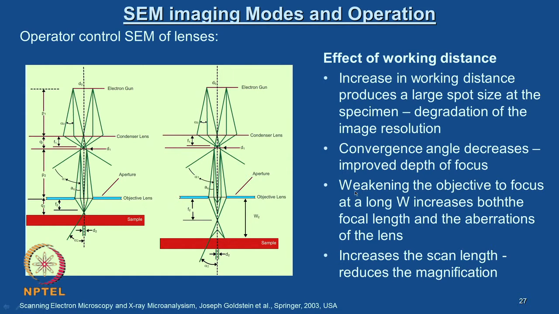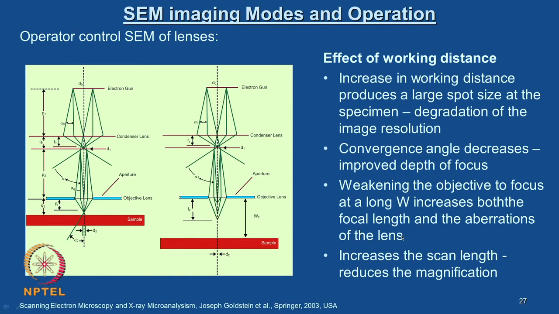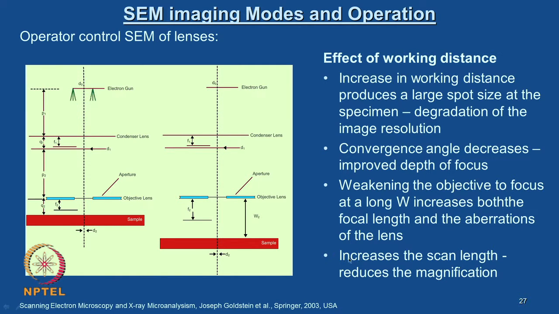Increasing working distance will also weaken the objective to focus at a long working distance W, which eventually increases both the focal length and the aberration of the lenses, which is very clearly shown in the schematic, and which also increases the scan length and will cause a reduction in the magnification as well.